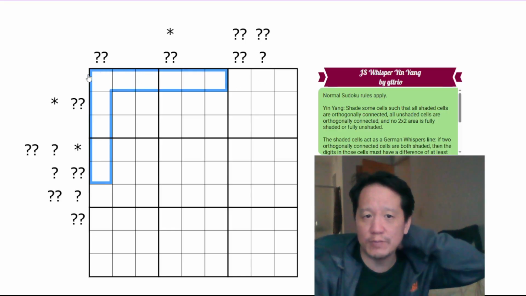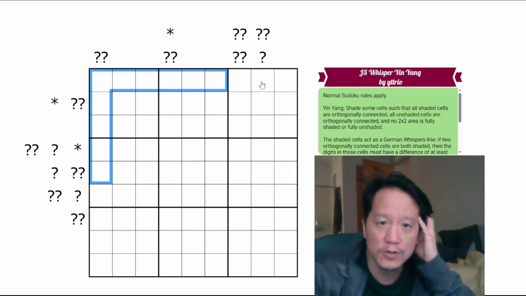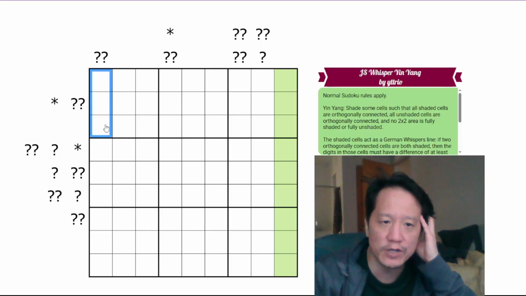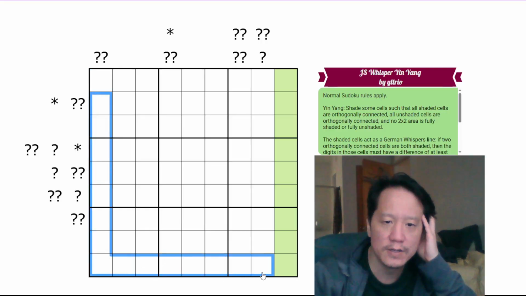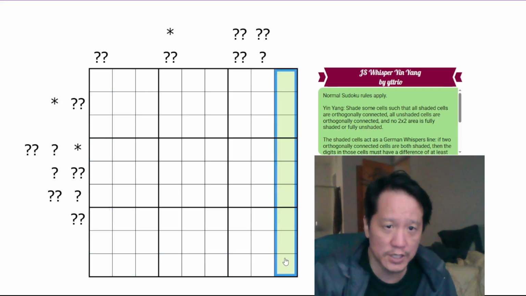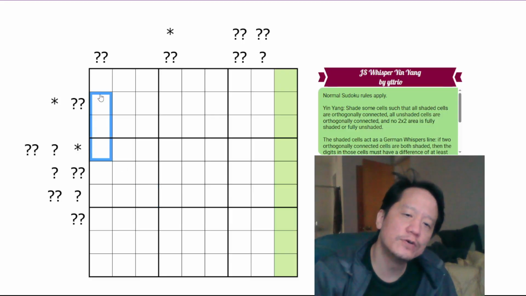It has to swap somewhere in this row because you can't have all unshaded or all shaded cells in that row. So they must swap here, which means this is unshaded. And it's the same this way. It could be something like this, right? But we know this is guaranteed to be unshaded.